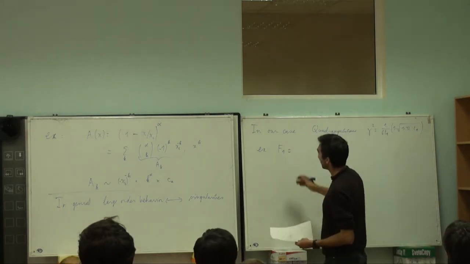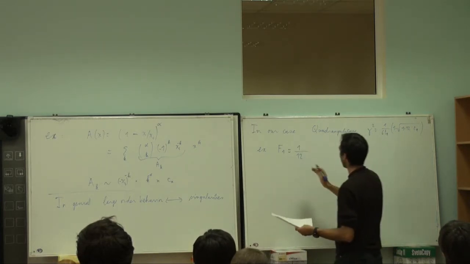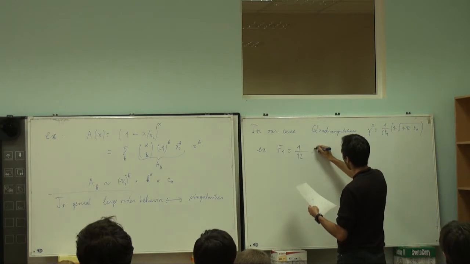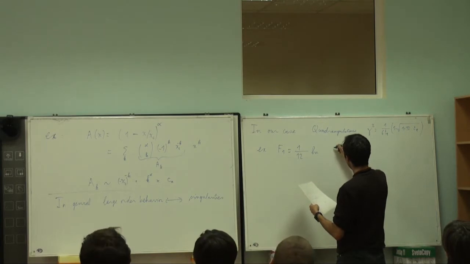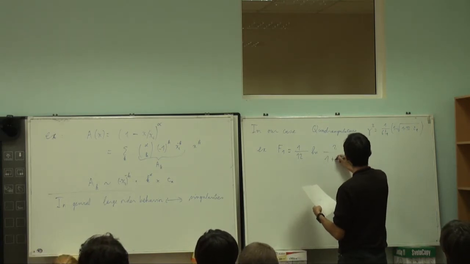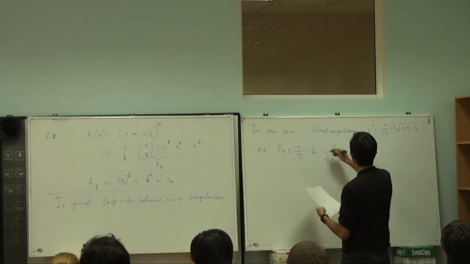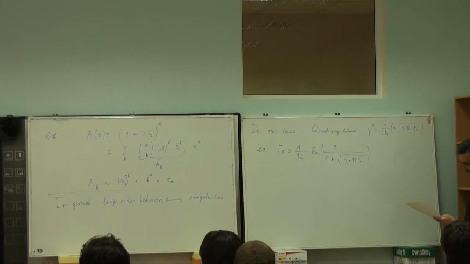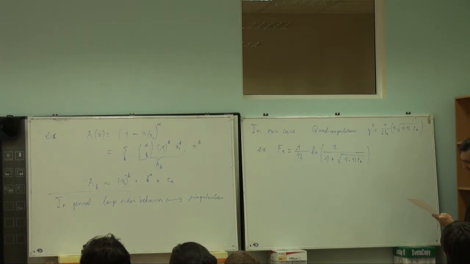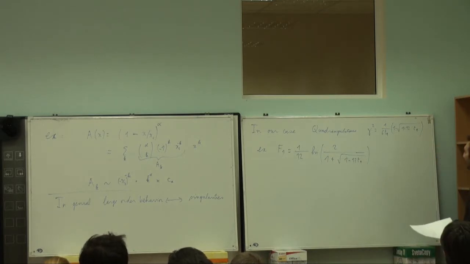If you take the general expression I wrote for F_1 just before, you can check that in this case, just applying the general formula, it is log of 2 over 1 plus the square root of 1 minus 12 t4, with probably a minus sign.